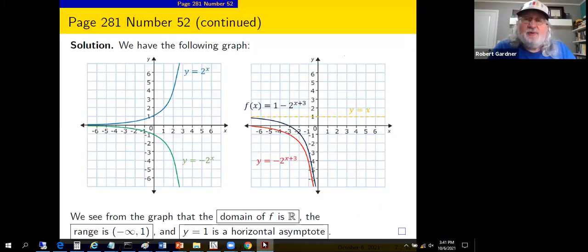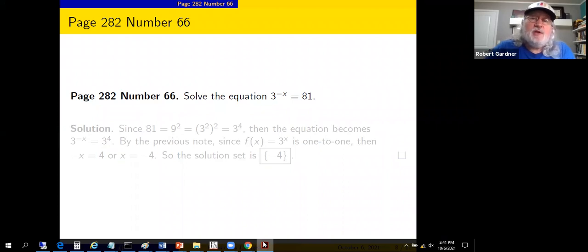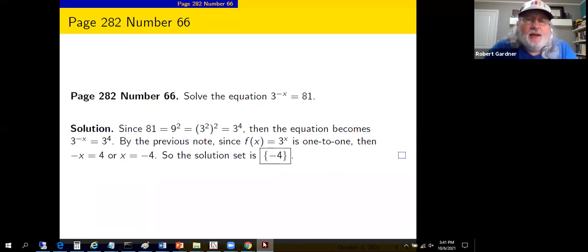Back to the supplements. Solve the equation 3 to the negative x equals 81. Well, as just suggested, the only way we're going to do this in this section is if the right-hand side is 3 to some power. And 81, well, 81 is 9 squared. Hey, and 9 is 3 squared.